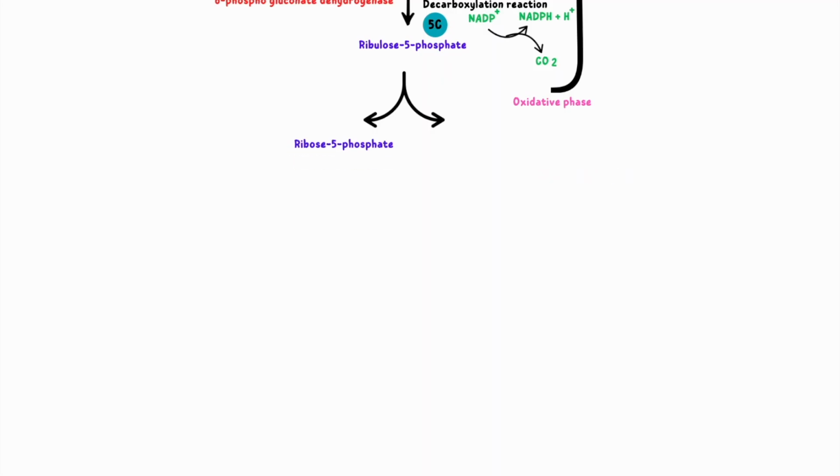In this phase, ribulose 5-phosphate converts into ribose 5-phosphate with the help of the enzyme isomerase, and the reaction is known as isomerization. Or it can convert into xylulose 5-phosphate with the help of the enzyme epimerase, and epimerization happens here. Both ribose 5-phosphate and xylulose 5-phosphate are 5-carbon sugars.